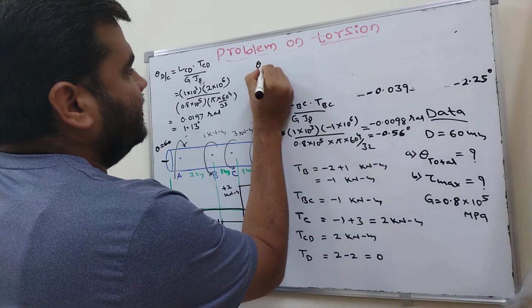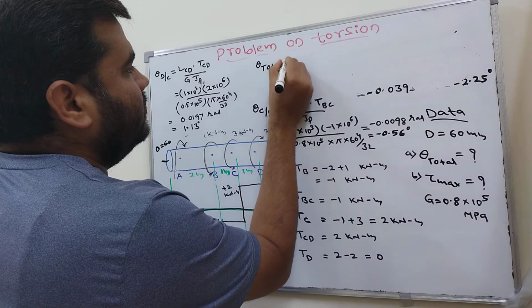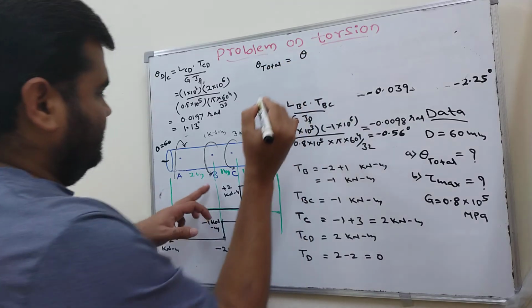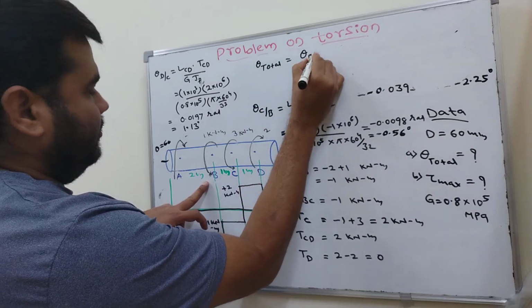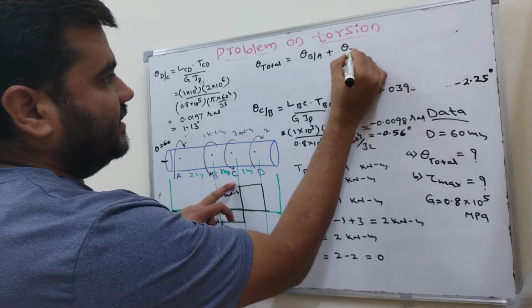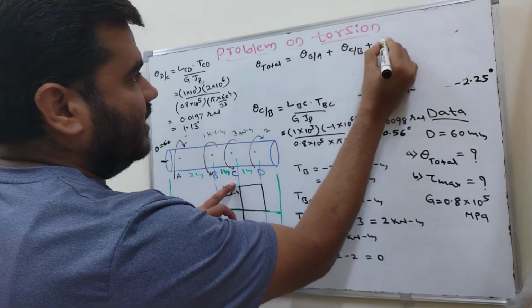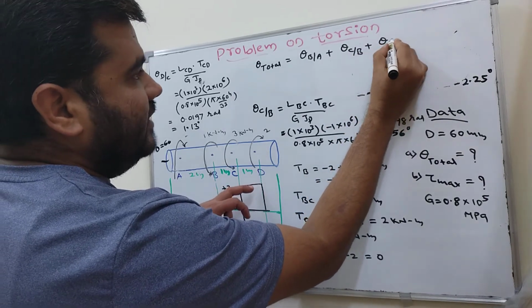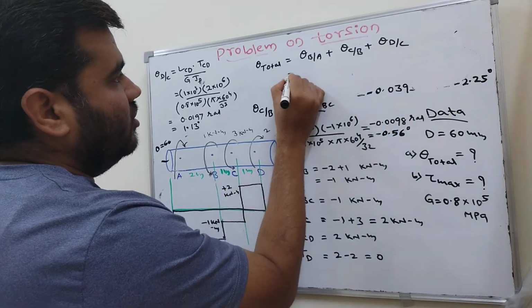Therefore, total angle of twist equals angle of twist of section B with respect to A plus angle of twist of section C with respect to B plus angle of twist of section D with respect to C. So how much is this?